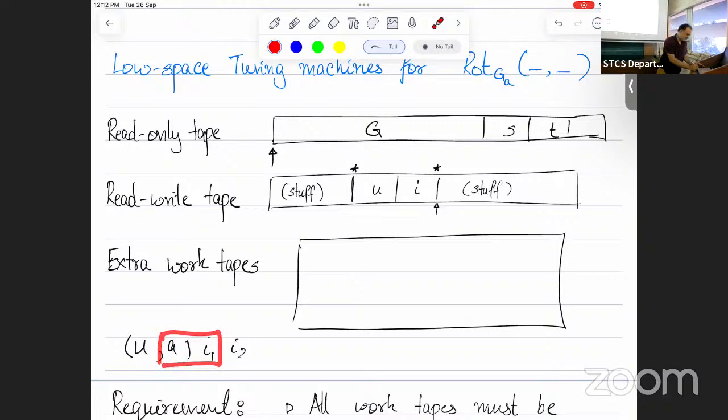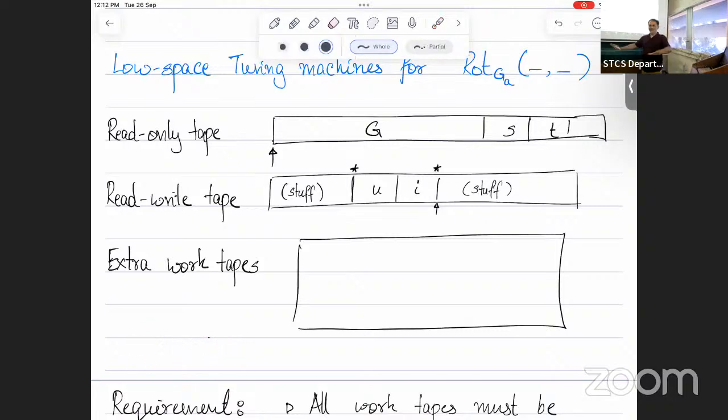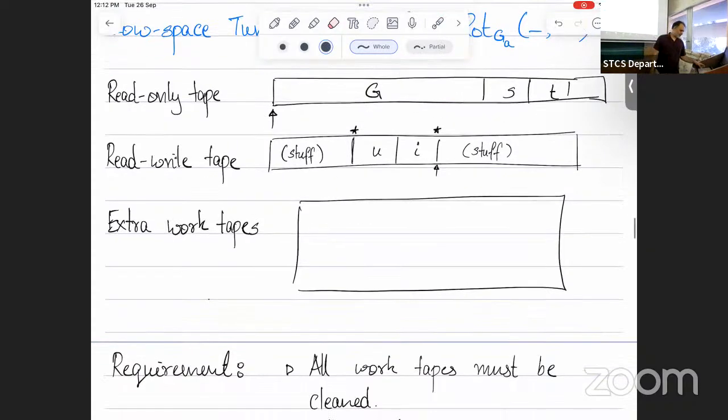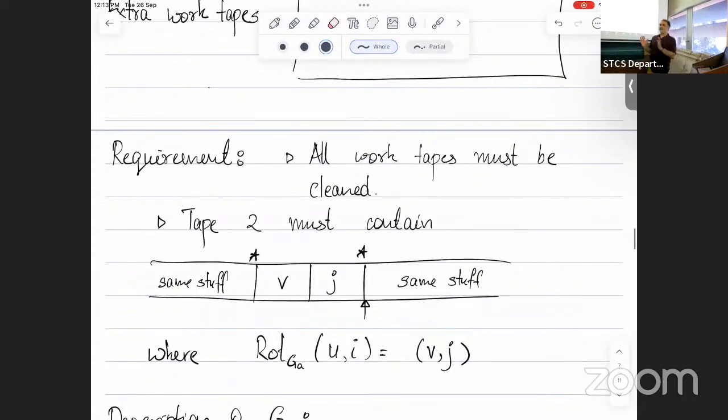And then replace this with, I don't know, A prime comma J1. Anyway, actually, let me not jump ahead. We're going to painfully work through this calculation and then we'll see what happens. Okay, so this is the requirement of what I want when I say that I want this Turing machine to compute rotation map. This is precisely what I do.